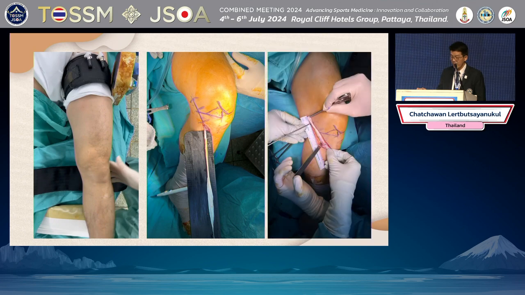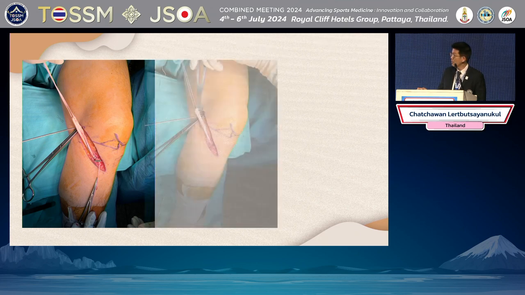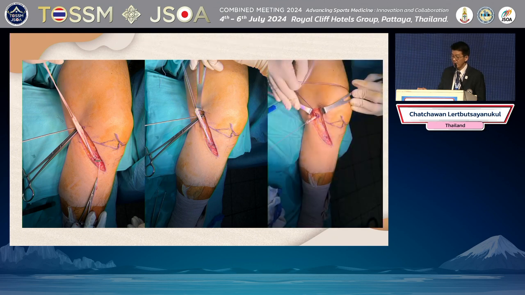Then we flip the graft to make it bigger and identify the isometric point on both the tibial and femoral sides. Fix the graft on the tibial side with a bone staple, pass the proximal end of the graft underneath the medial soft tissue, and fix it at the femoral insertion with a bioabsorbable screw.